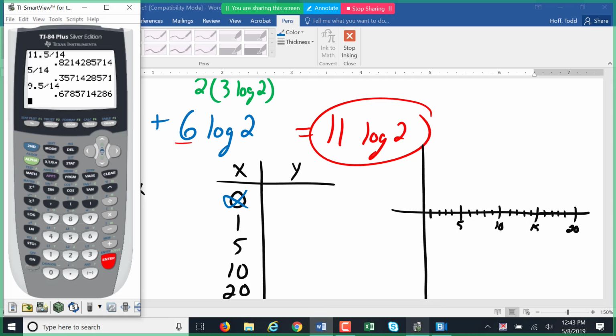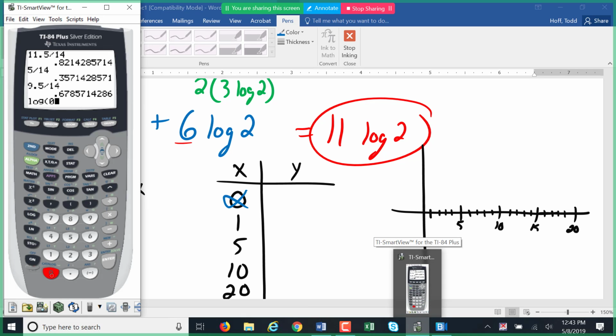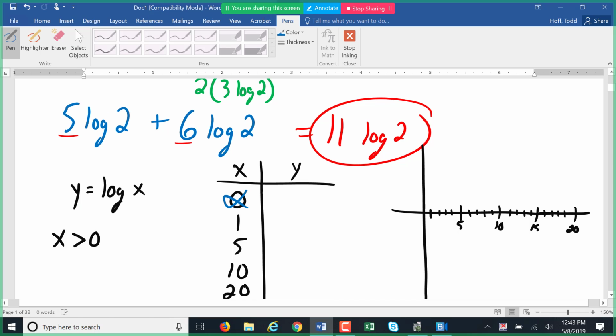Log of 0, if we tried it, is going to give us an error. Log of 1. What do you get when you try to do log of 1? 0. So you get the point 1, 0, which is right there. Log of 5. You get 0.699, don't you?